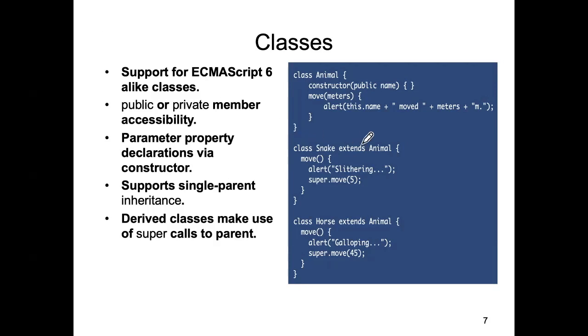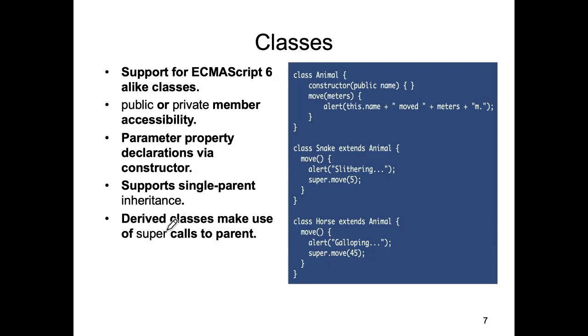Also, you have inheritance. So you can see an example of inheritance here, and we're using the extends keyword to indicate that, which again, you would be familiar with from the Java world. Here I'm saying it only supports single parent inheritance. Some languages support multi-parent inheritance, but not in the case of TypeScript.